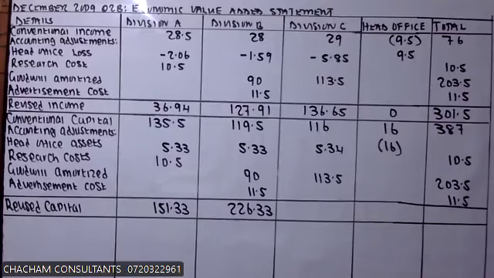A question. Revised capital, we are adding all these figures from conventional capital downwards alone, or we will add the revised income also? Alone. Okay.